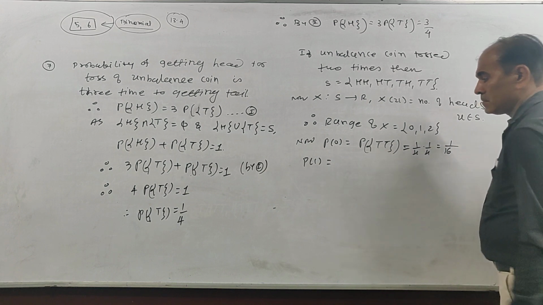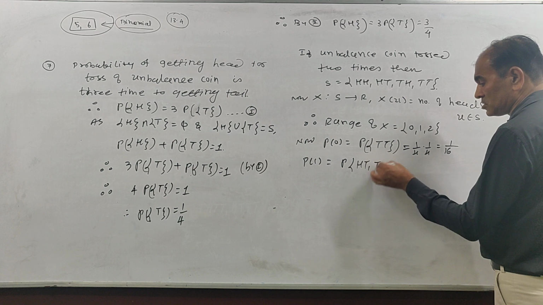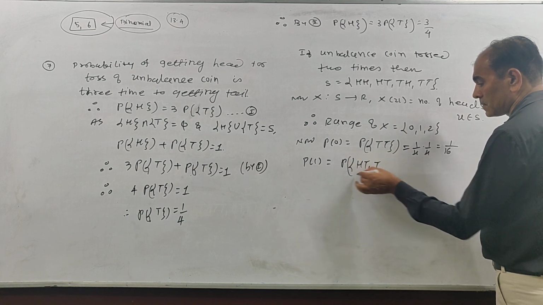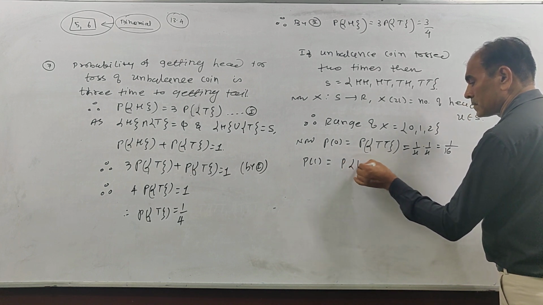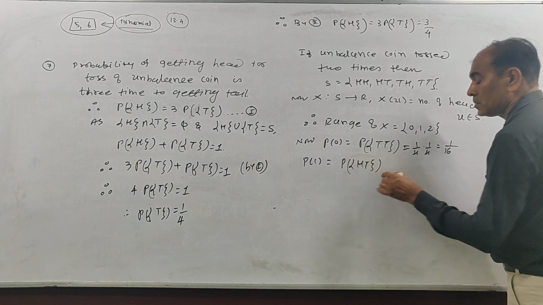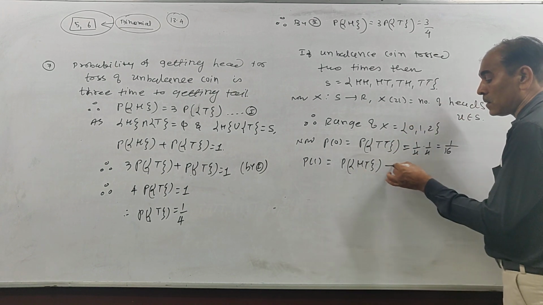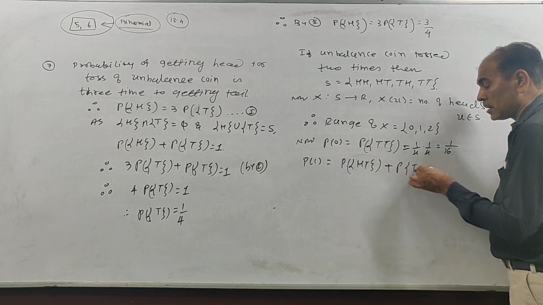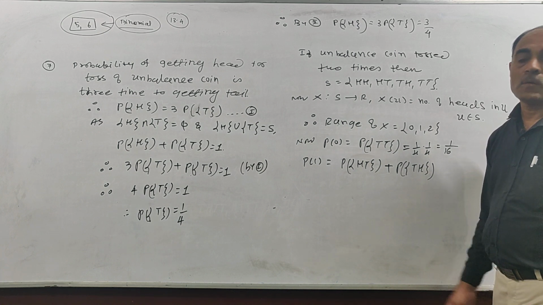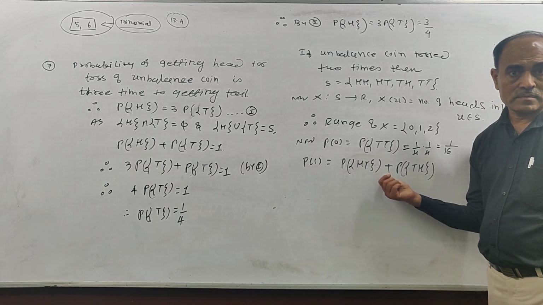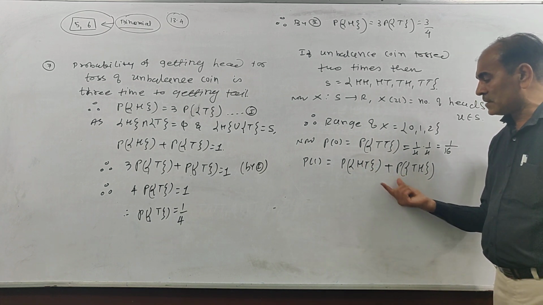For 1 head, P of 1 is P of HT, that means head on the first trial and tail on the second trial, or tail on the first trial and head on the second trial. Or means plus. HT and TH are mutually exclusive, so there is a plus.